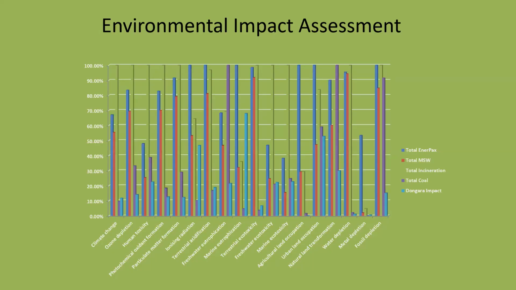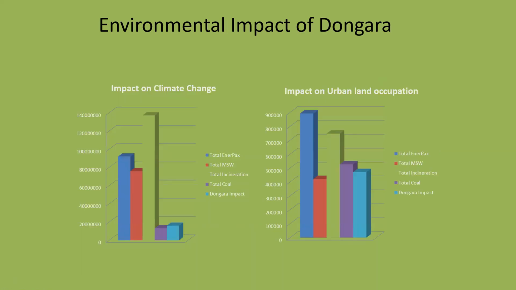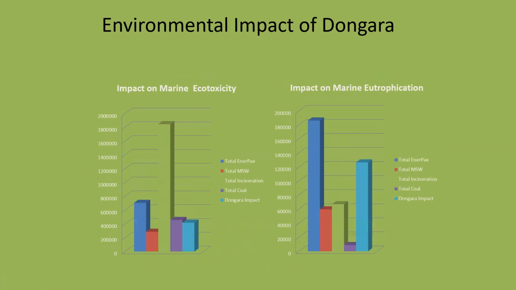So when you compare the total inner packs, total MSW, total incineration, total coal, and the impact from the Dongera impact, what we saw is that in terms of the environmental footprint, with this Dongera plant the environmental footprint was actually going down. If you look at the impact on climate change or impact on urban land occupation, this product has much lower impact compared with the others.